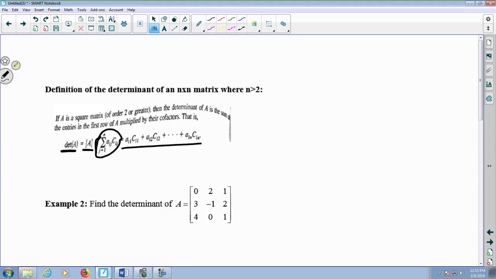If we look at that, it says entry A11 times its cofactor plus A12 times its cofactor, all the way up until A1n times C1n. A1n means we go up to the nth column, so A1n would be the last entry of the first row multiplied by its cofactor. That's exactly what we did with the cross product.